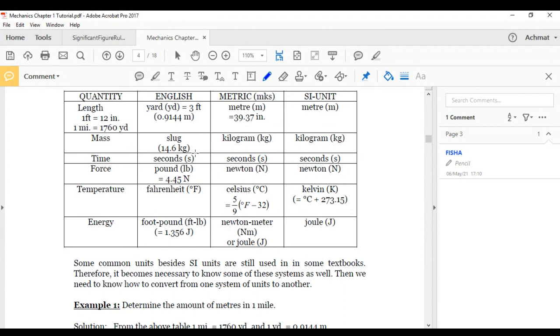You can convert from hours to seconds or from minutes to seconds, but for SI unit purposes, it is better to make use of the second. And then force, in the metric system it is newtons, and the SI unit is also newtons. And here you can see, according to the British system or the American customary system, a pound is actually a unit of force.